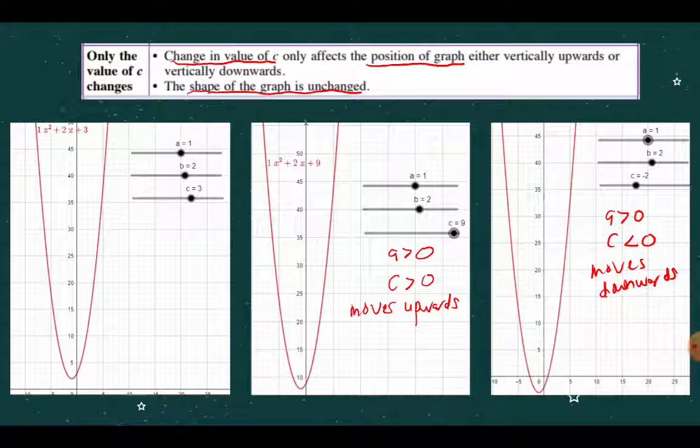The position of the graph also changes when a is less than 0. A change in b changes the position of the graph, but it doesn't change the shape, because it moves to the left or to the right based on the y-axis.